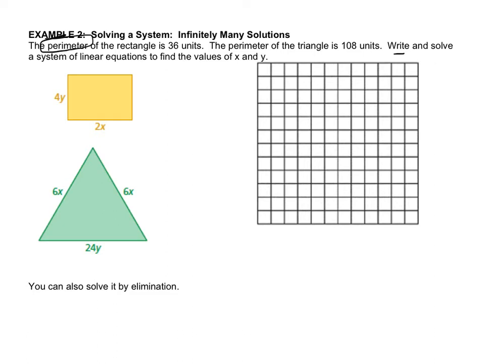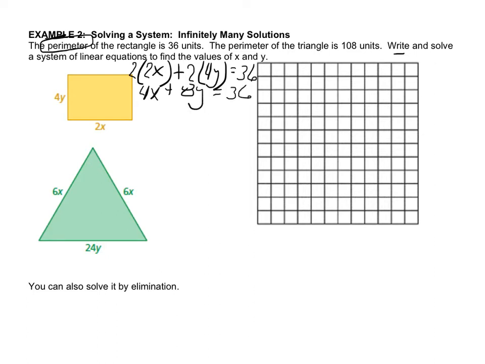The rectangular perimeter formula is 2 times the length. We have 2x as our length, plus 2 times the width. We have 2 of those, and if I added those together, I get 36. We can simplify that to 4x plus 8y equals 36.